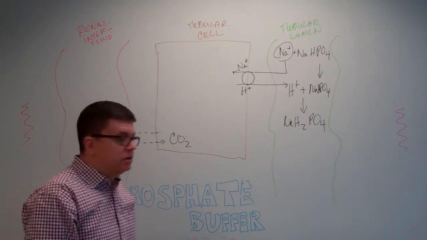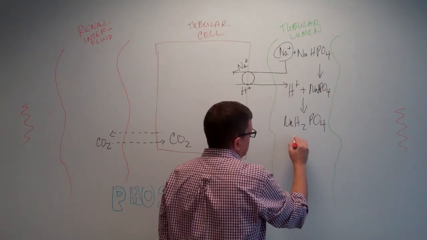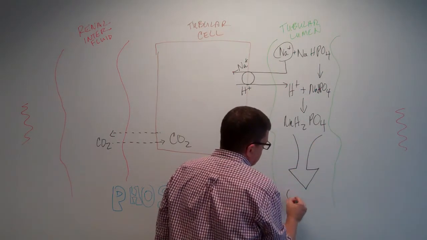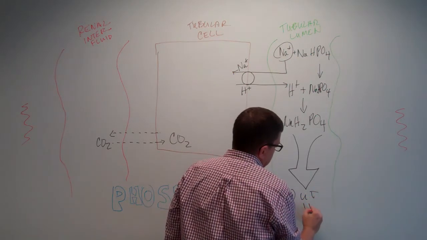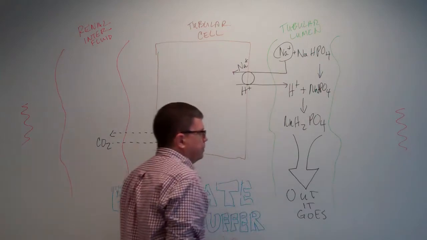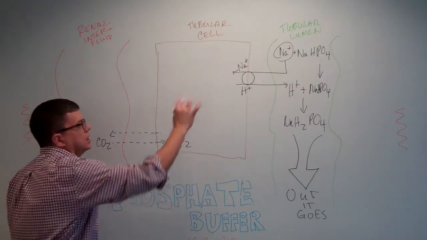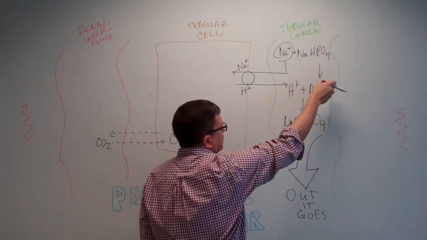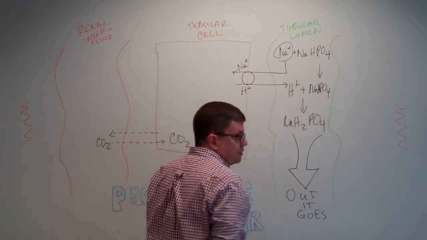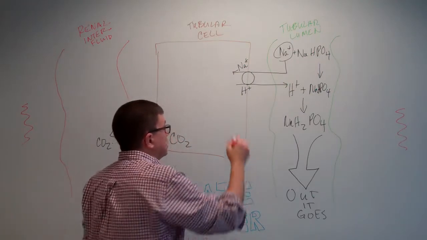So this heads out, out it goes, not to be returned. The hydrogen ion combines with the sodium hydrogen phosphate, becoming sodium dihydrogen phosphate, and this heads out in the urine. So hydrogen ion taken care of.